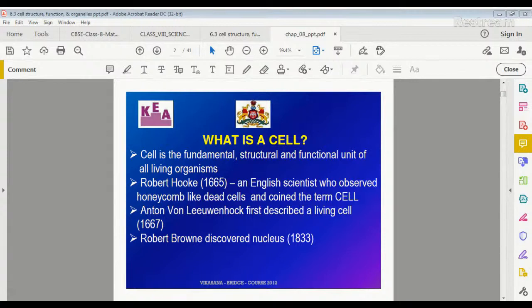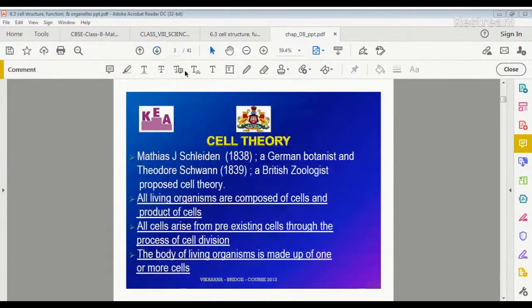Also, Anton von Leeuwenhoek was the first who described a living cell in 1667, just 2 years after that. And in 1833, Robert Brown discovered the nucleus. Next comes the cell theory. How did the cell come about? What are the structural things? We will all see.